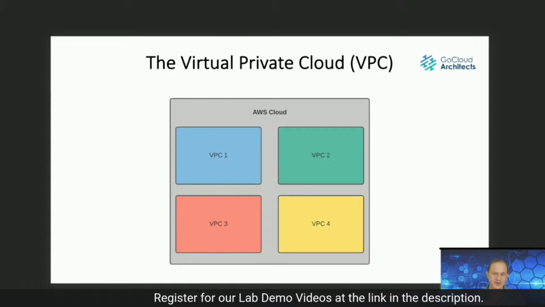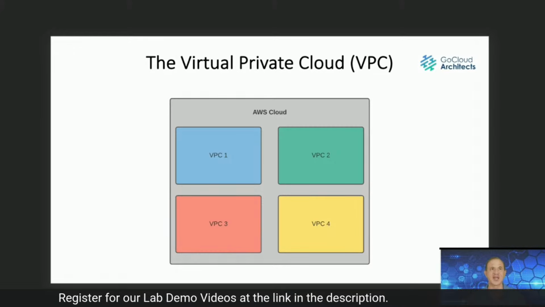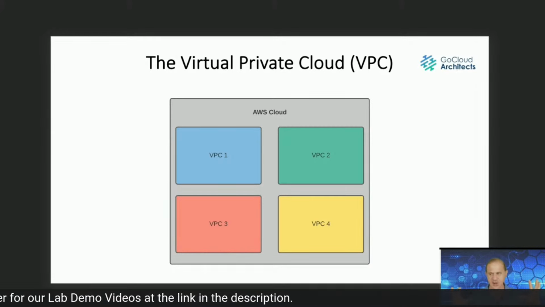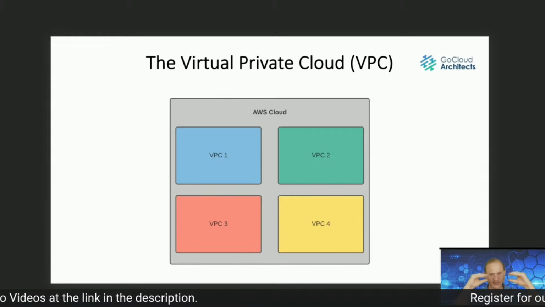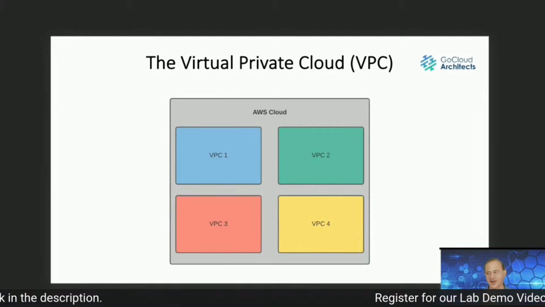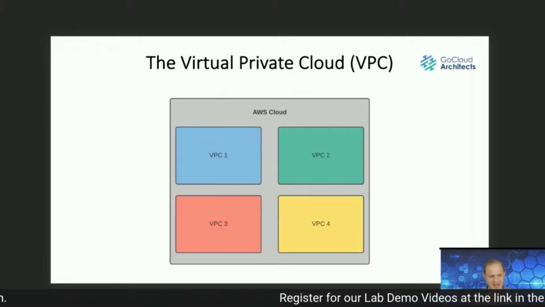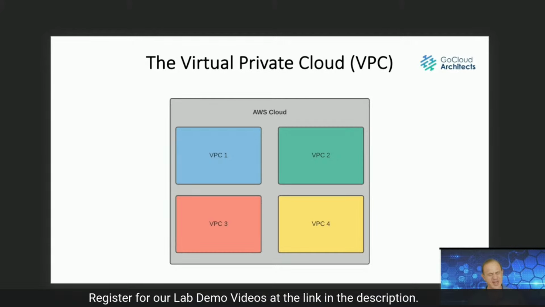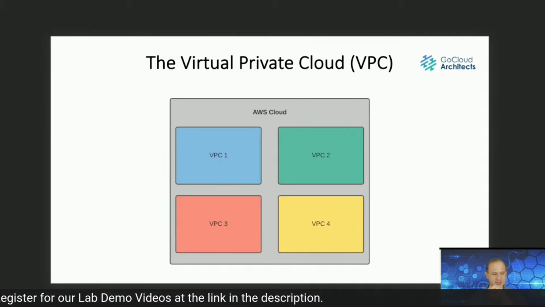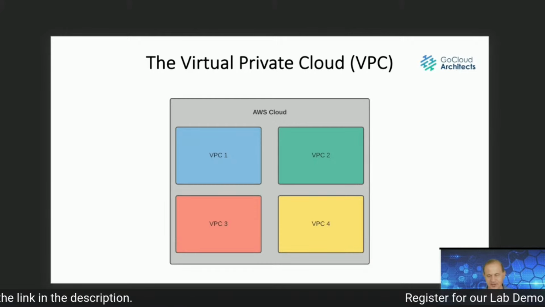So all that we've done in a cloud computing environment is taken a physical data center, shrunk it down, virtualized it, and then sold it to other people as a virtual data center. So that's what we're really talking about here, the cloud. So your VPC is your own virtual data center inside of somebody else's public network. So this AWS cloud is a shared network.